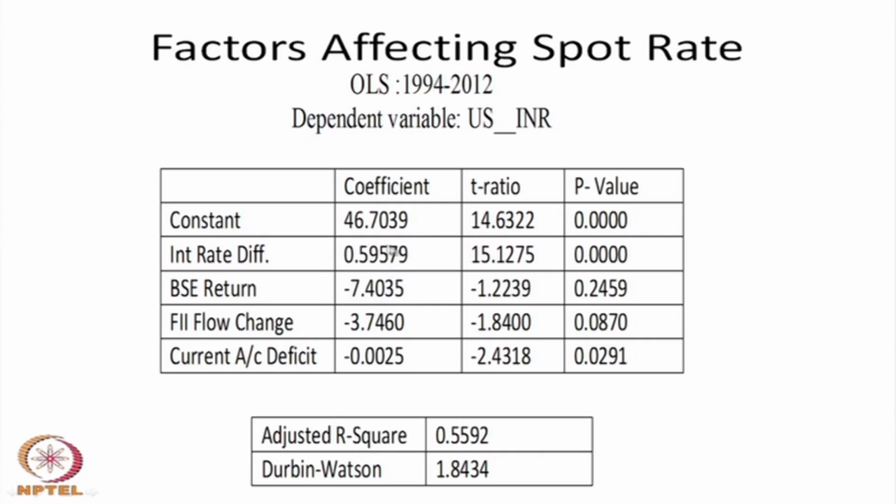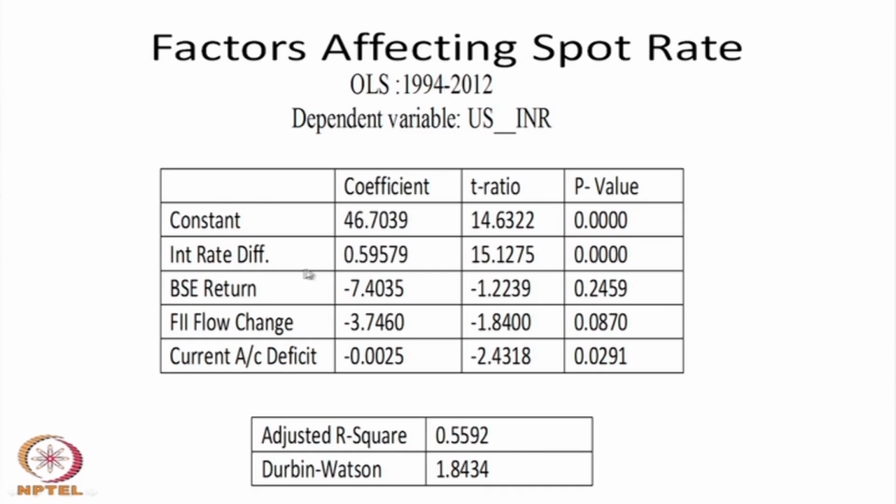Here the constant is the mean value of the spot rate without anything else, over the period. I ran the data from 1994 to 2012, and the mean value of the Indian INR and US dollar spot is something around 46.70. If other variables remain 0, then the mean value of the Indian rupee is 46.70.